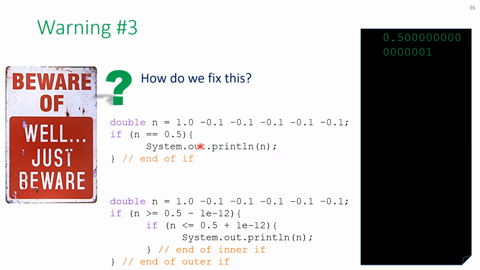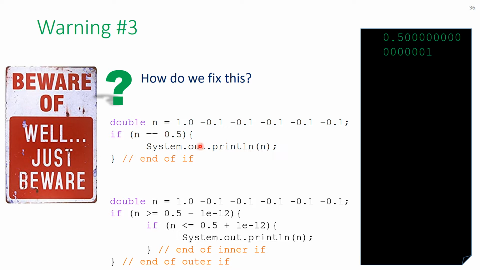So what I'm saying is that if n is greater or equal to 0.5 minus that little epsilon, then I check if n is less or equal to 0.5 plus that little epsilon, I define a range. I defined a range around the value 0.5, a little bit before, a little bit after. If you fall within that range, then I'm going to consider that you are 0.5.